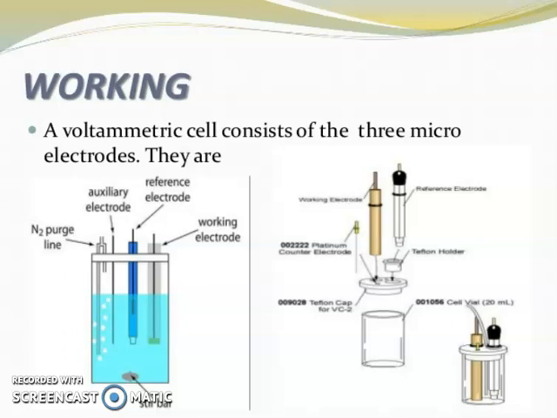If you want to purge nitrogen, you need a nitrogen cylinder for purging. On the other hand, you can see the arrangement in the original picture: one is the working electrode, the reference electrode, and the auxiliary electrode.